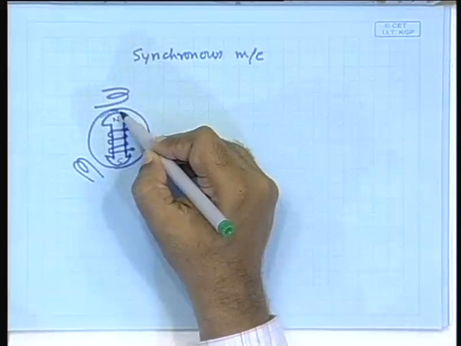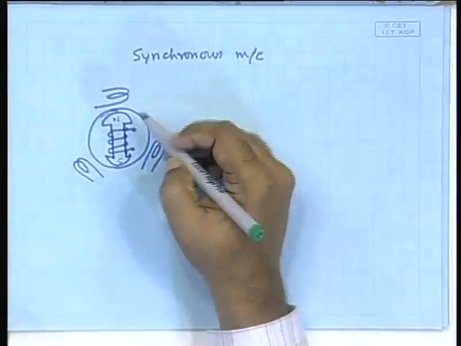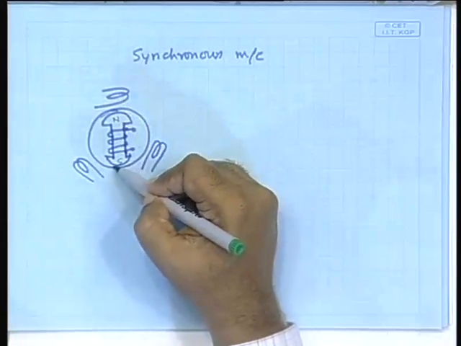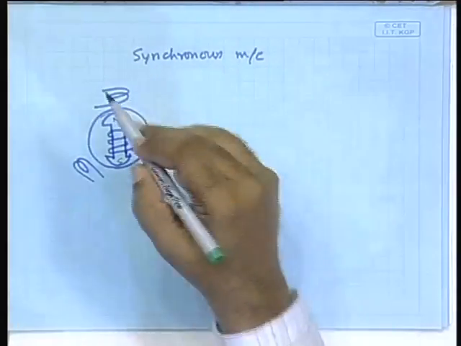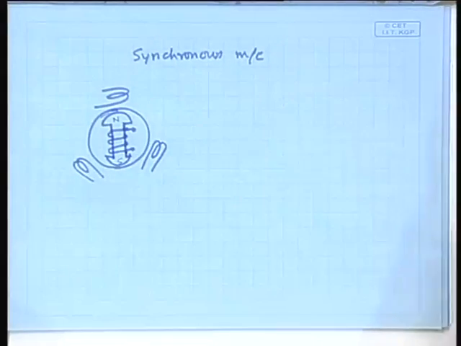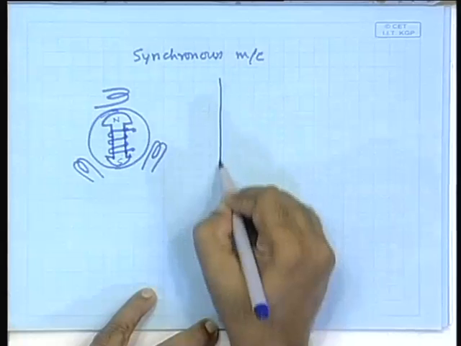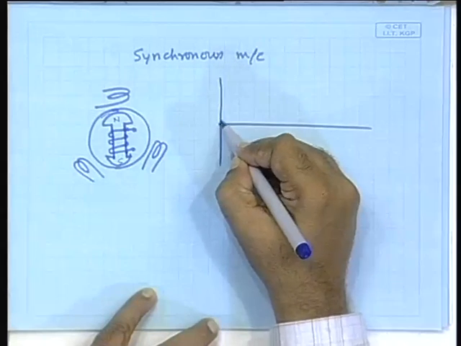So, at that point it will induce a positive voltage. The same thing happens with the south pole, which will induce a maximum negative voltage, and in between it will vary. So, it is not difficult to see that it will generate a voltage that is sinusoidal.